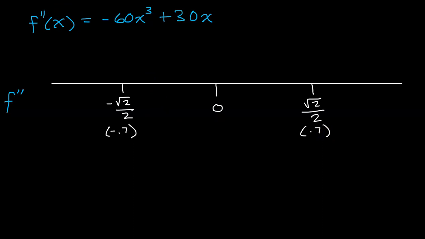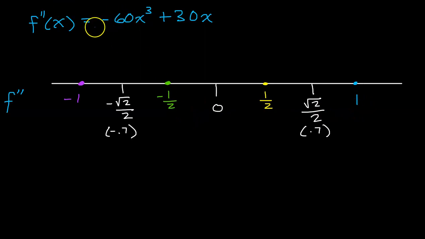So test values in the first interval, we can just use -1. In the next interval, we will use -1/2. In the next interval, we will use +1/2. And in the last interval, we will use +1.